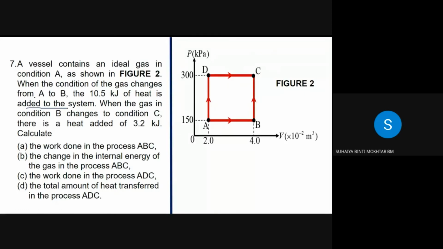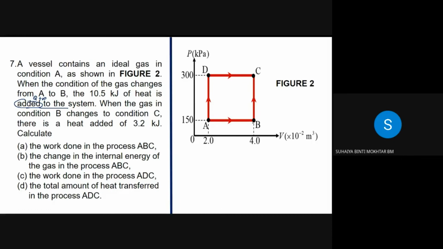Okay, so maksudnya Q tu positive, right? Added ni. Okay, positive. Positive 10.5 kilojoule for process AB. Okay, process AB. Expand.